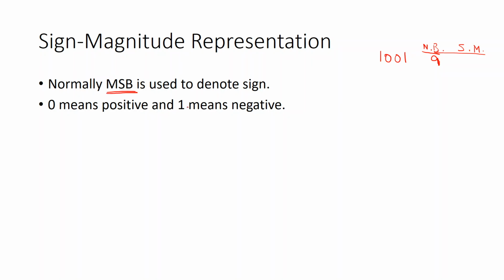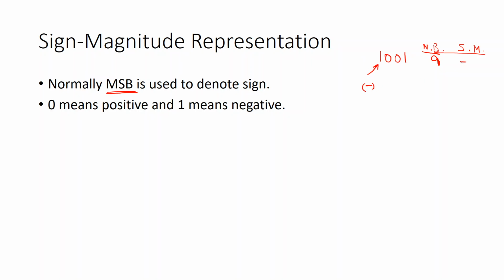Any number that you are told is in signed magnitude representation, you have to note the MSB first in order to determine the sign of the number. If the MSB is 0, it is positive. If it is 1, it is negative. What is the MSB here? 1.